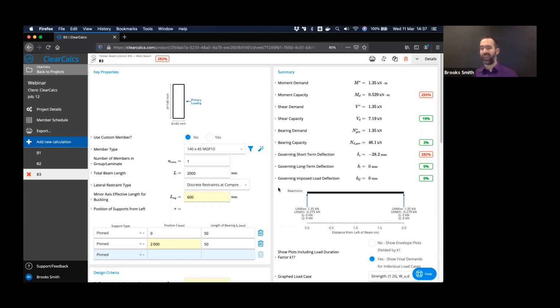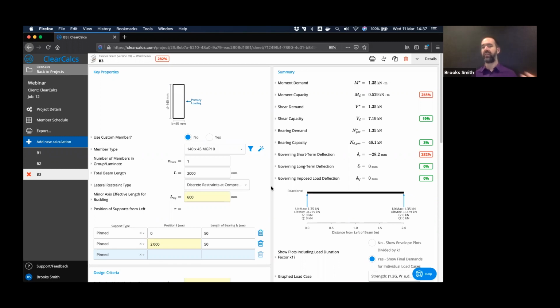I will note that LVLs tend to be inefficient in minor axis bending. Probably don't want to actually be using them. If you do have to use them, we only have characteristic properties from some manufacturers. Not all the manufacturers have provided us characteristic bending strengths in minor axis bending for their LVLs.